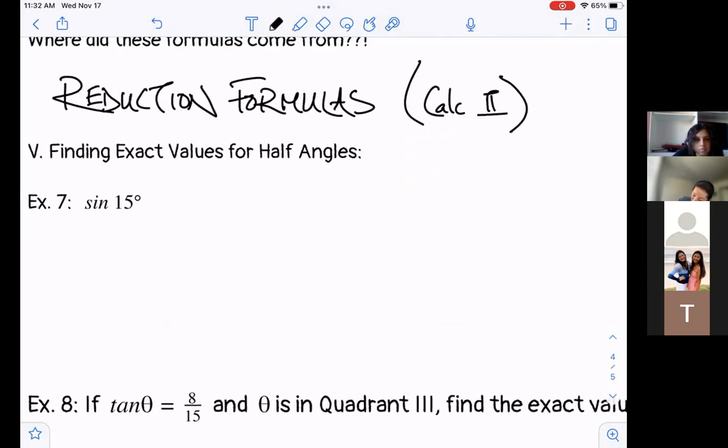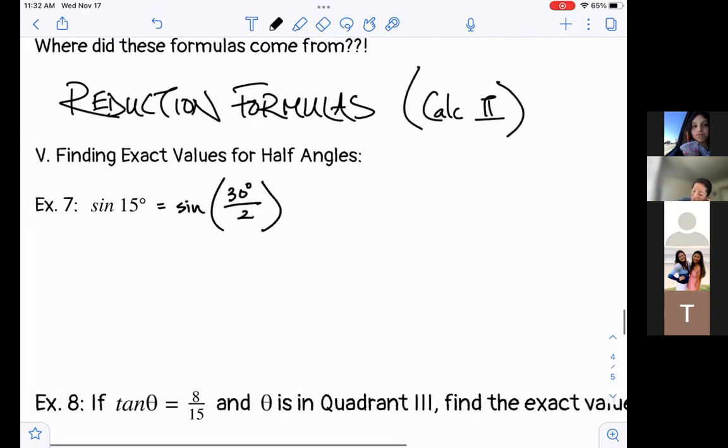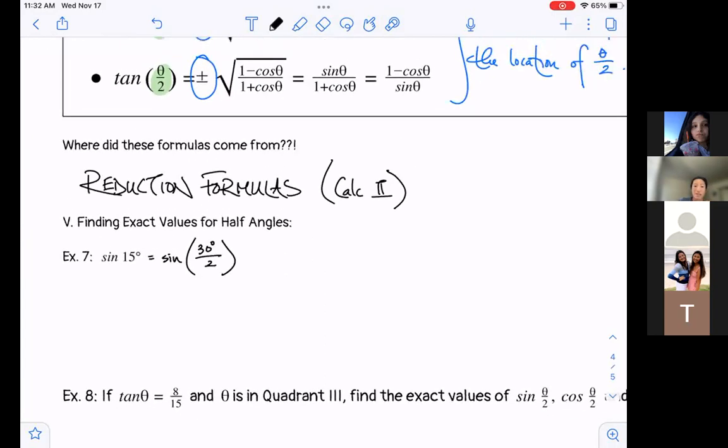We've got sine of 15, and knowing that these are in the half angle category, I could write this as what angle divided by 2? Precisely. So 30 degrees divided by 2. That means that 30 is our theta, right?